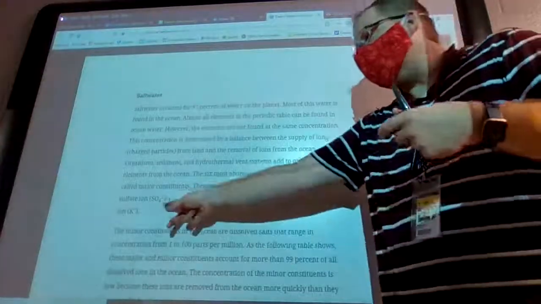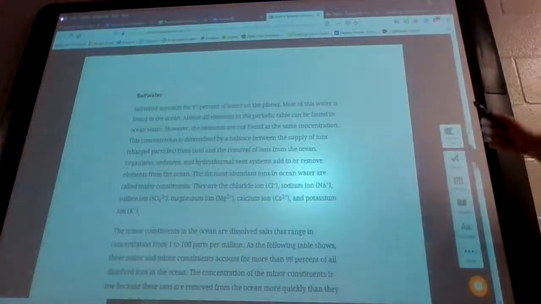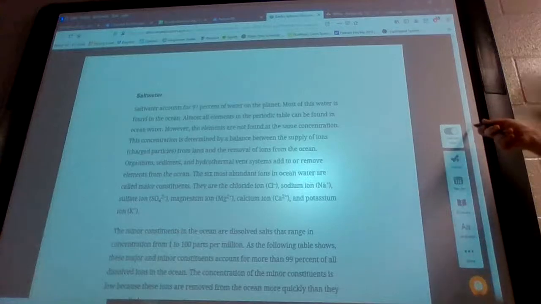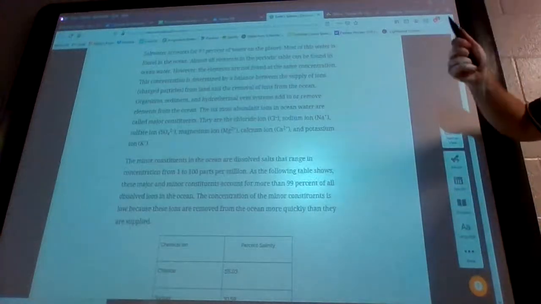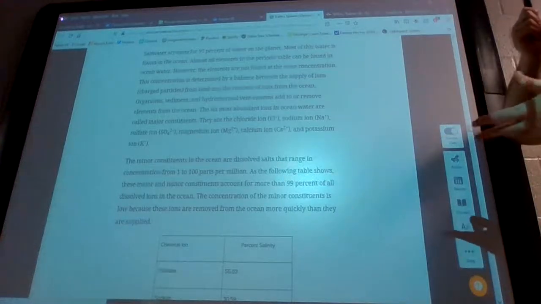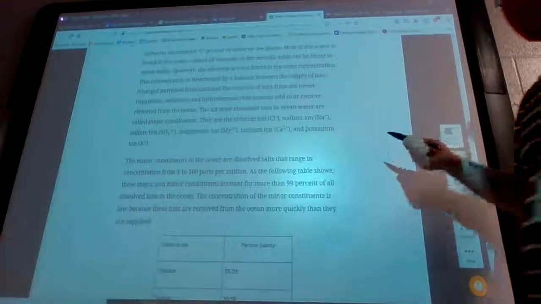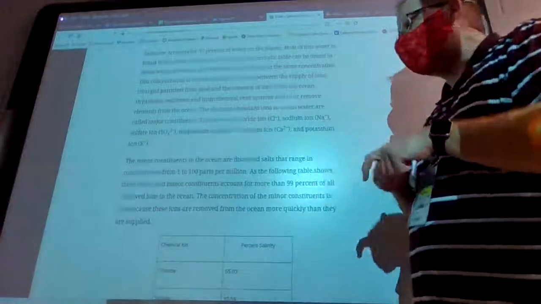You do have sulfates, magnesium, calcium, potassium, and all sorts of other things in very, very trace amounts. Because if it's on the continents, it's going to get dissolved by water and funneled down into the oceans through the streams, lakes and rivers, and it's going to end up there at some point.